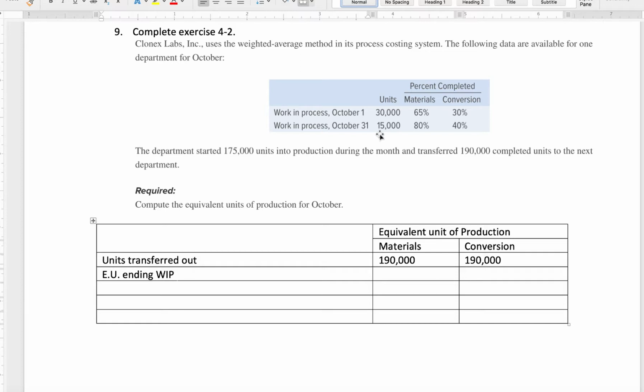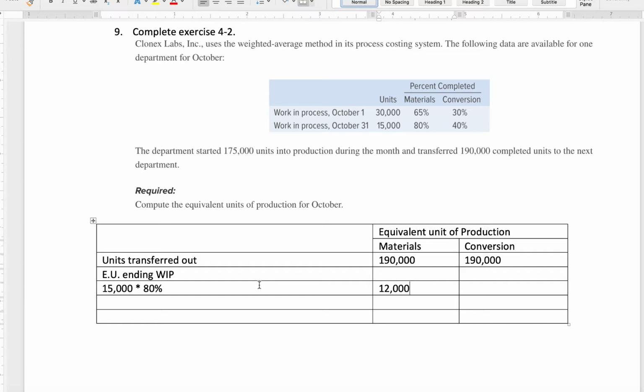So I'm going to figure out the equivalent units of production with respect to material. If I take that 15,000 and multiply it by the percent completed with respect to material, which is 80%, that gives me 12,000 units.